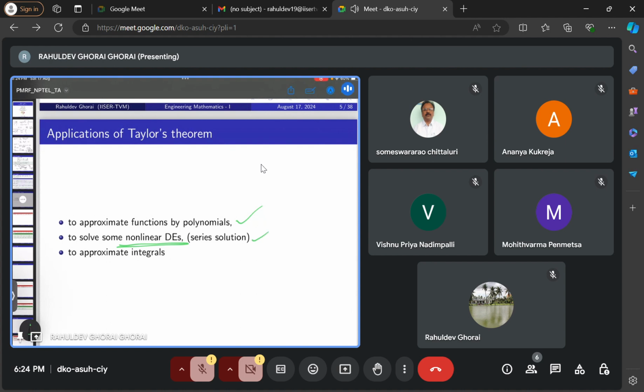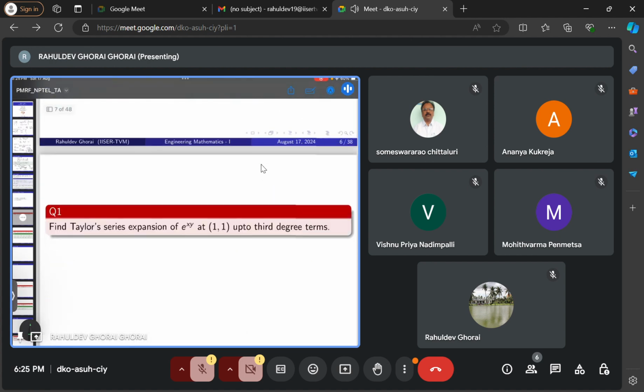You will see that later, maybe not in this course, but it is useful for differential equations which are non-linear in nature and difficult to solve using other existing tools. Another application is to approximate integrals, which we will see in this tutorial session.